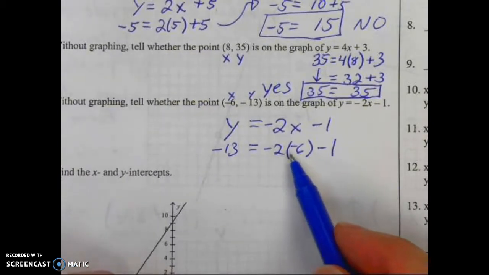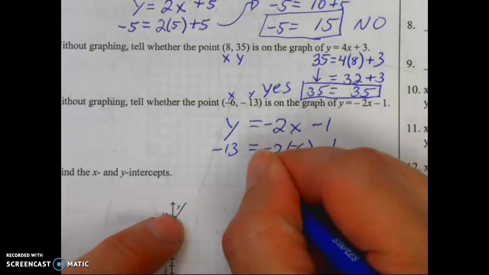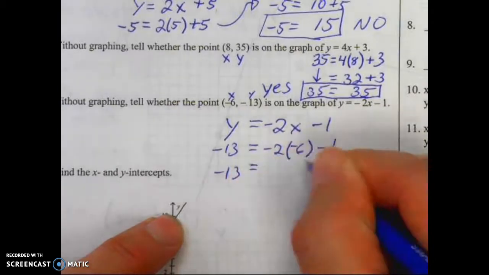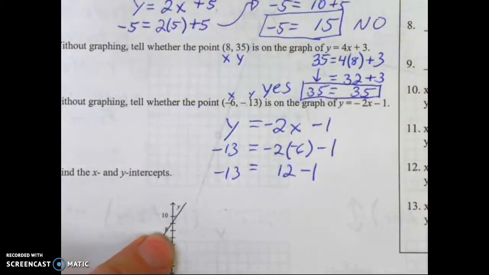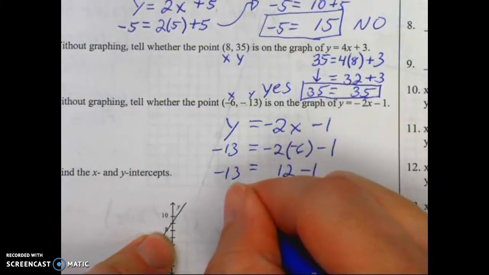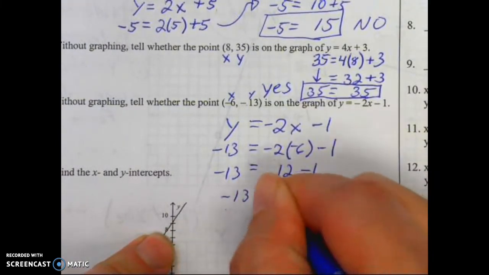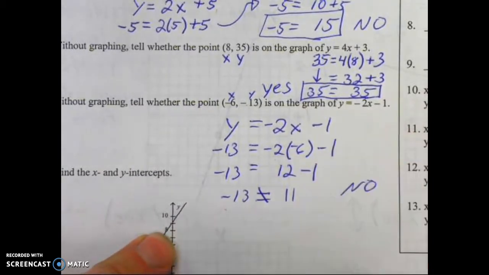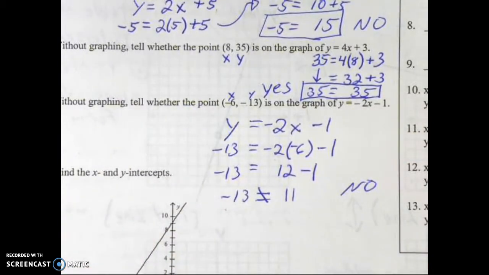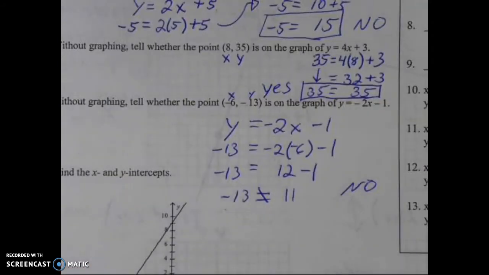Just make sure you don't forget to go -2 times -6, because that will give you a +12 minus 1. Well, 12 minus 1 is not going to give you a -13. So again, this will not equal one another because this will be 11. So this is a no. All right, so make sure you do have that copied down and you know how to do these. So that was 7, 8, and 9.